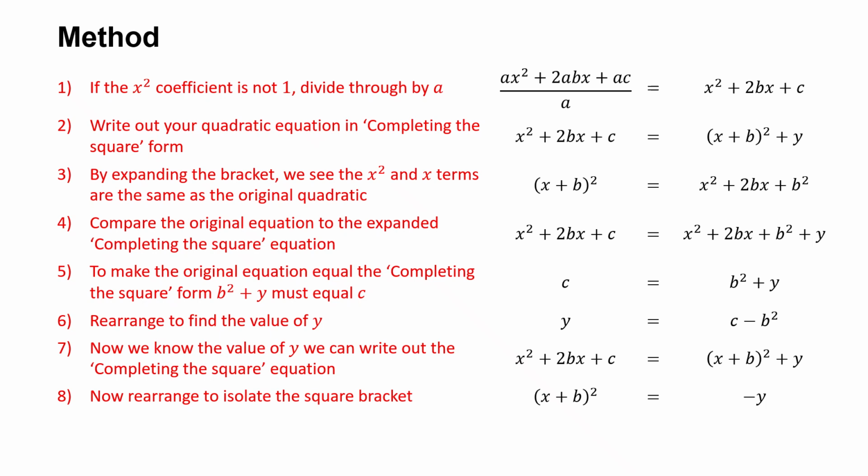So we now have that x plus b squared equals minus y, because we're going to be solving when it is equal to 0. If we had x plus b squared plus y equals 0, we simply move the y term to the right hand side. Once we've done this, we can take the square root of both sides, and we have x plus b equals plus or minus the square root of minus y. And I'll just say, in case anyone's wondering, I've written the square root of minus y.